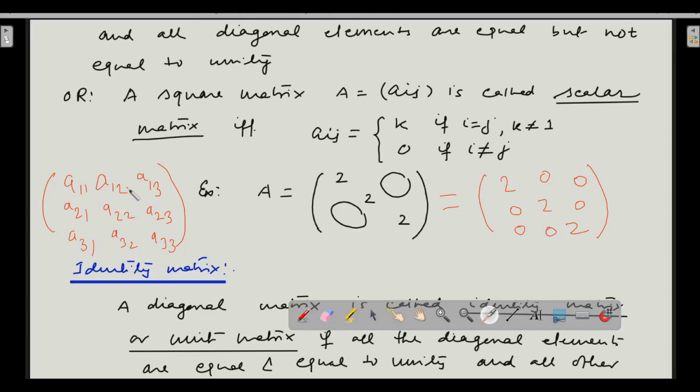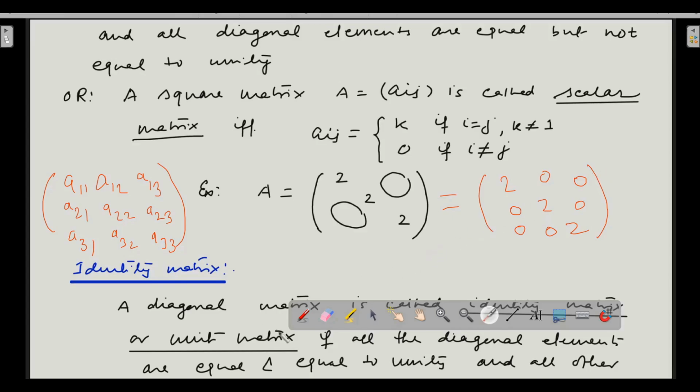Those six elements, where i is not equal to j, must be 0. So 0, 0, 0, 0, 0, 0. So this is clearly a scalar matrix.